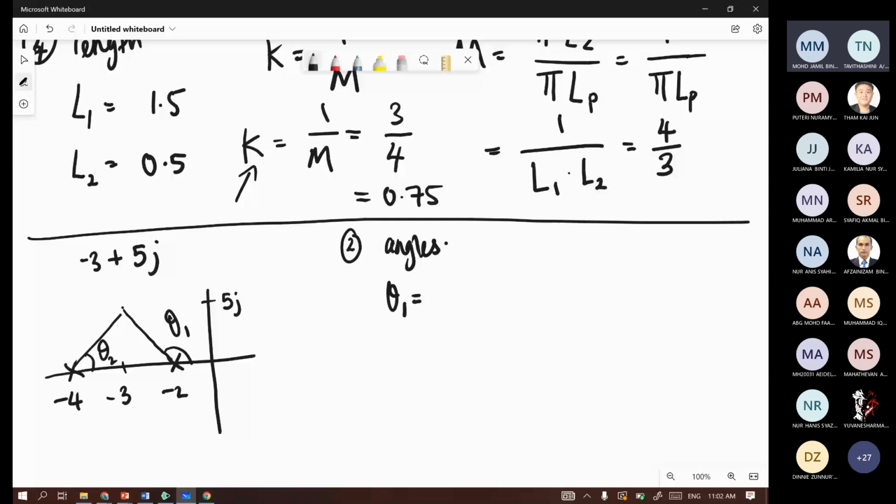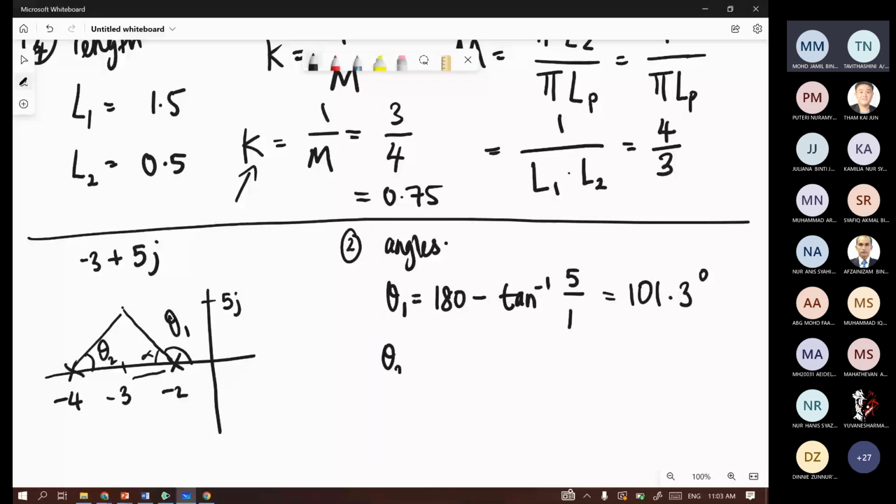So theta 1: the way I calculate theta 1 will be 180 minus this angle. So this angle, let's say alpha, is tangent inverse of 5 over 1. Okay, this length. So you get 101.3.